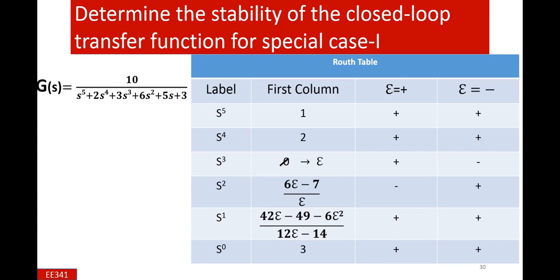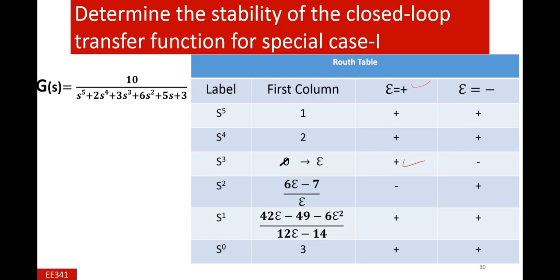To find the result of this special case, we generate an additional table in which we are using only the first column, which is 1, 2 and epsilon. Suppose epsilon is positive, then this term will be negative, because epsilon is a small value less than 1.